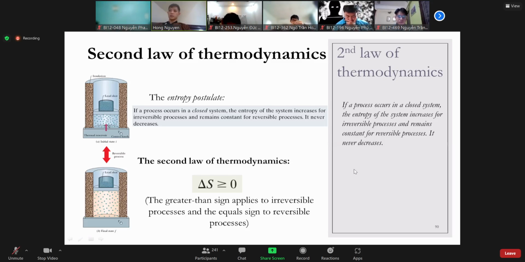So we know that in a closed system, the entropy of the system increases or remains constant, but it never decreases. And this is the second law of thermodynamics.